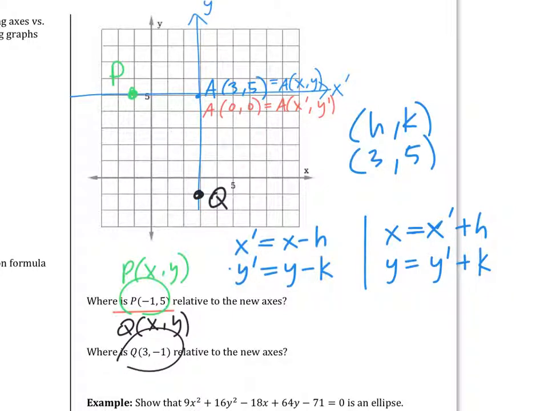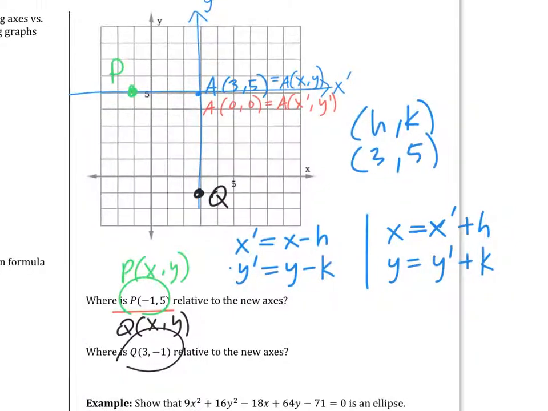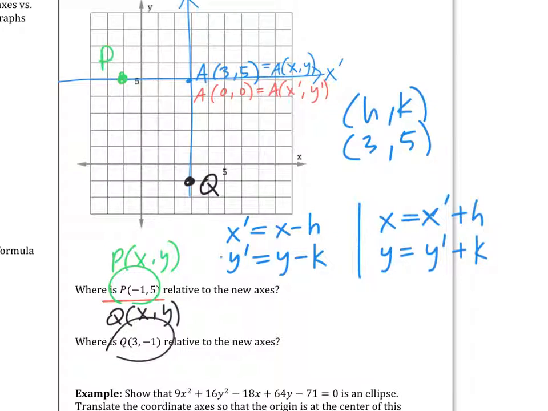Okay, so let's just check to see if the formula I came up with is actually correct. In the old coordinate system, negative 1, 5 is P. Now, if I try to put it into the new coordinate system, in order to find x prime, I'm going to do x minus h.